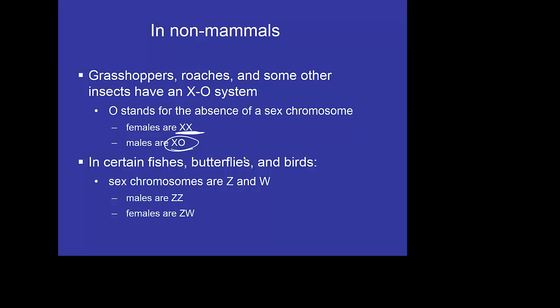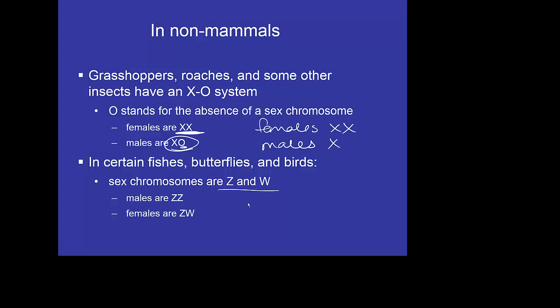So males in the grasshoppers and other insects are just X. A single X. They put an O here as a place filler for you, but really the females are XX, males are just X. Okay? You can look at other variability. There's ZW possibilities in particular species. I'm not particularly concerned about this.